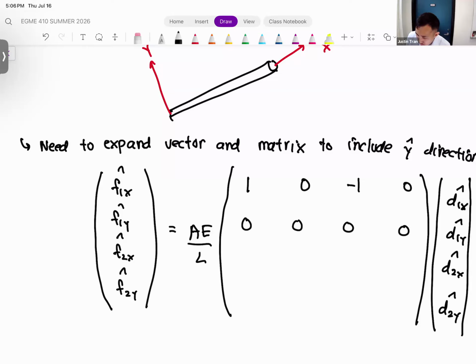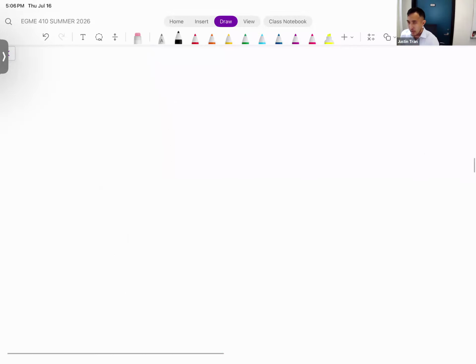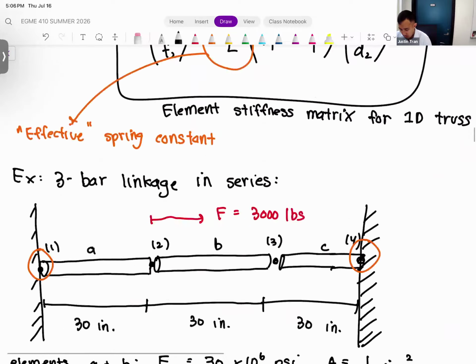That means the entire second row is going to be zeros, because that's the row associated with D1y. The third row is going to be -1, 0, 1, 0. And then the last row is going to be 0, 0, 0, 0.